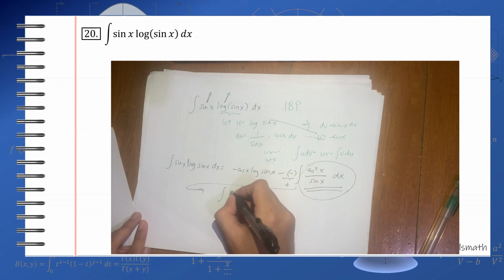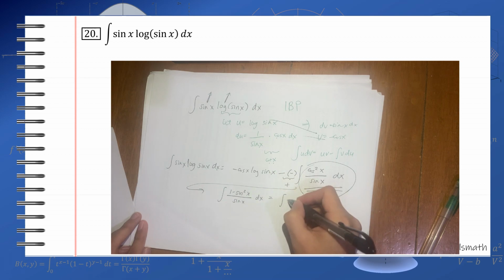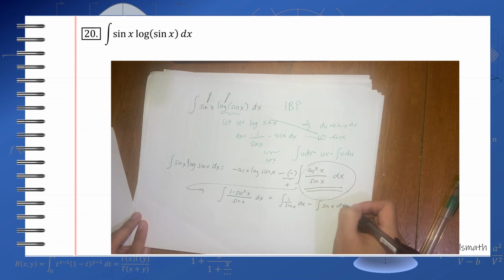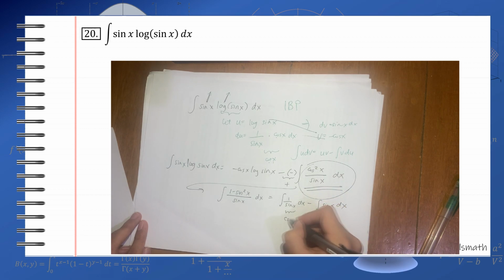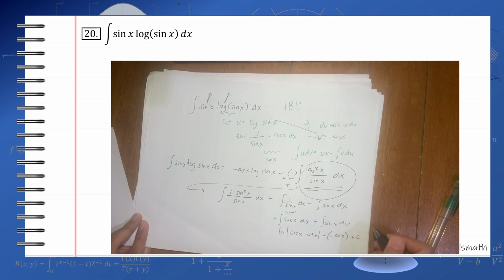So I'll split cosine squared as 1 minus sine squared over sine x dx, which is equal to 1 over sine x dx minus sine x dx. This is cosecant x. This is sine x. So the integral of cosecant x is ln of cosecant x minus cotangent of x. The integral of this is negative cosine of x plus c.